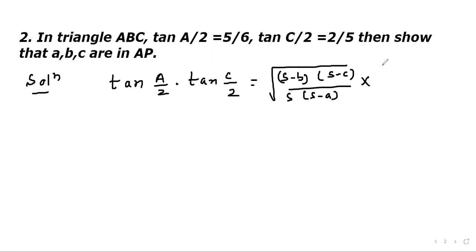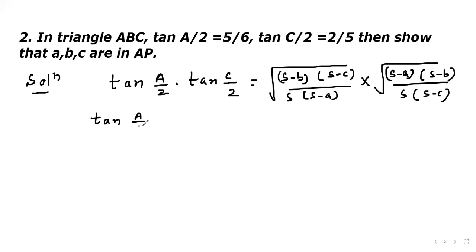Similarly, for tan C/2, root of (s-a)(s-b) divided by s(s-c). So from here, s-c will cancel out, s-a will also cancel out. So we will be left with tan A/2 times tan C/2 equals (s-b) divided by s.